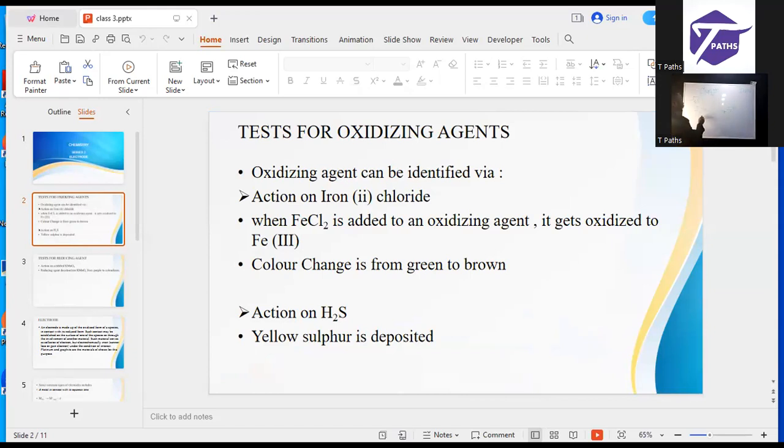When this happens, we say that the substance is an oxidizing agent. An indicator is when the Fe2+ ion, which is green in color, changes to Fe3+, which is brown in color. When that happens, we say yes, this is an oxidizing agent. So once again, green to brown.